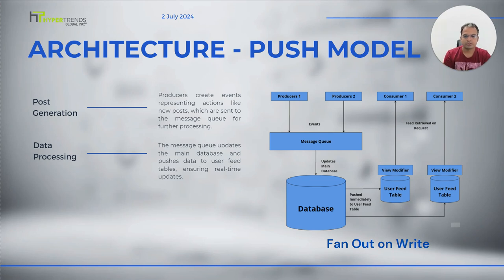Once that post is generated, some queuing system or backend server, and we can have different variations of that too, will process that data and then finally ingest it into the targeted database to store it permanently.